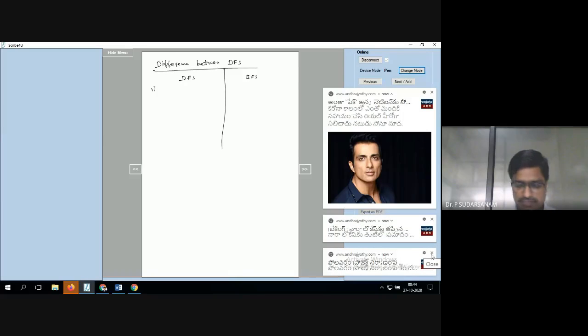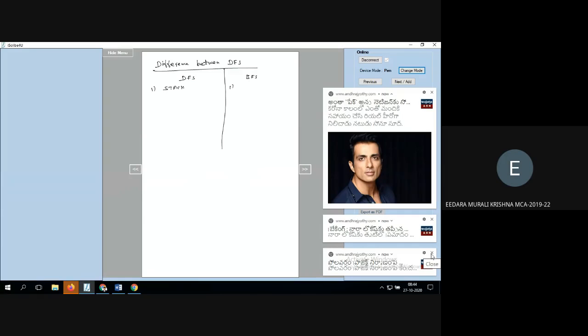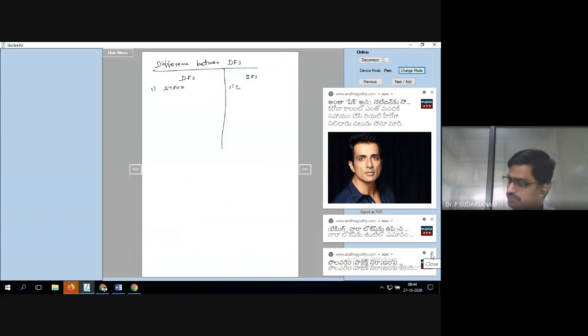Yeah, that is the first difference. This is called the stack. And for BFS, queue. Yes, queue. So you can write: stack is the data structure used for DFS, and queue is the data structure used for BFS.